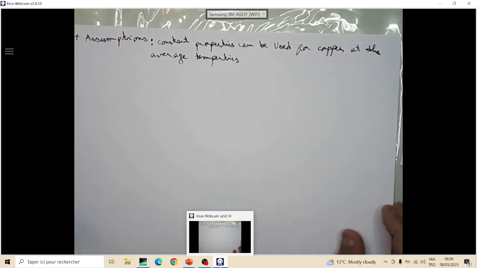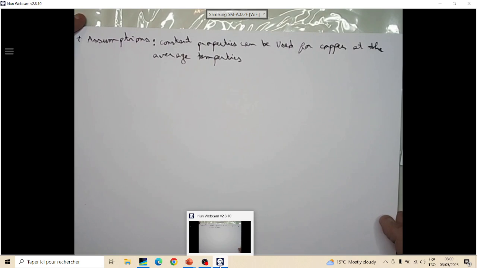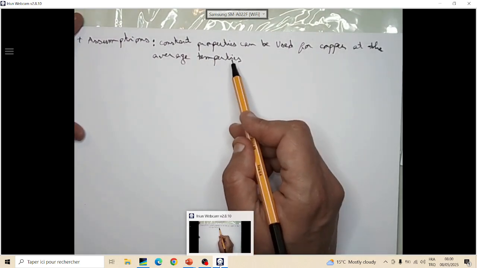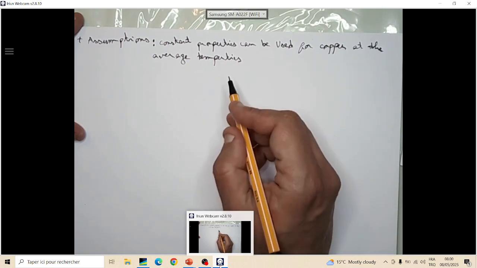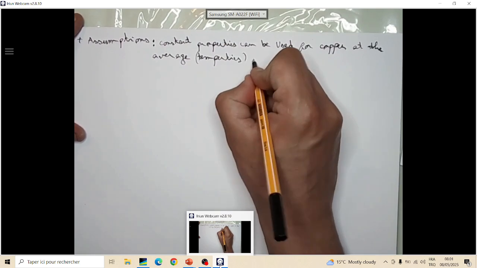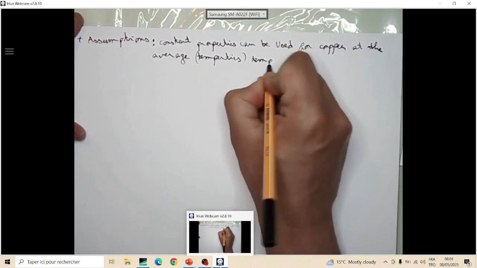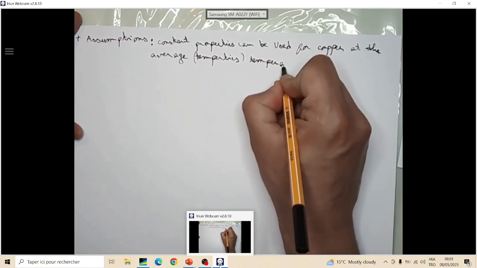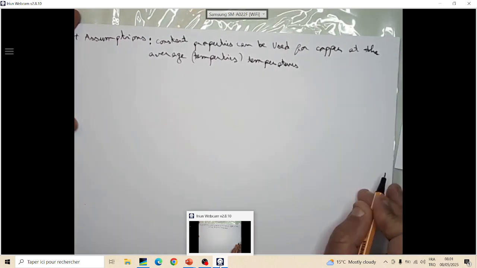Since copper is a solid, we can use constant properties for the copper at the average temperature.